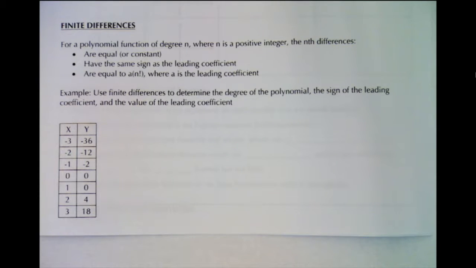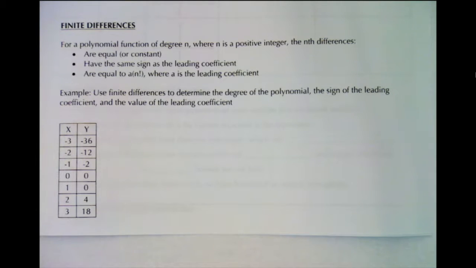It's also true that as we increase the degree and continue to look at polynomial functions, the third differences would represent a degree 3 polynomial. A fourth difference, if they're constant, would represent a degree 4 polynomial, and so on, up to whichever degree you choose to go to.